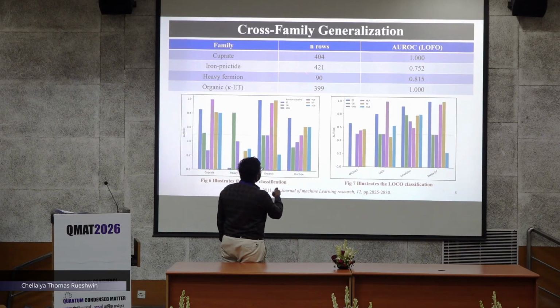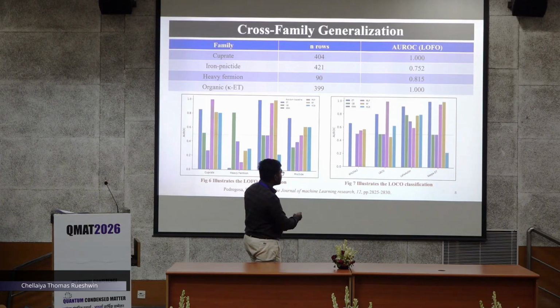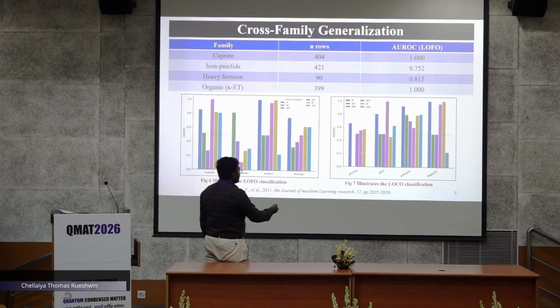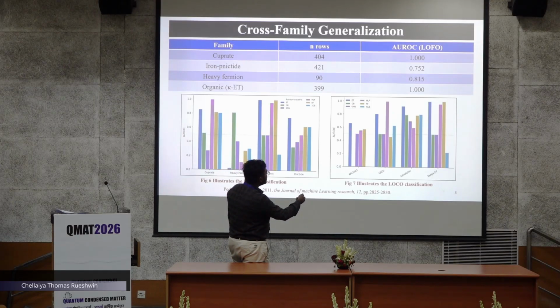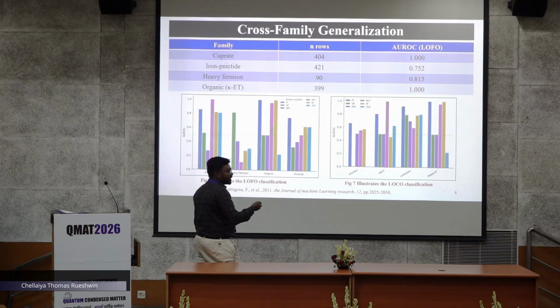That is due to the low data set. This belongs to the data set row, and this is leaving out a compound. By leaving out and testing, we can find how much was predicted. This MLP model is overfitting, because sometimes when we get 1, that might be overfitting.